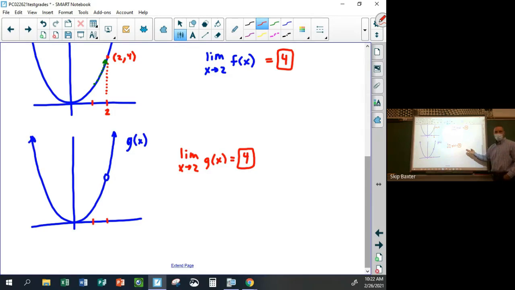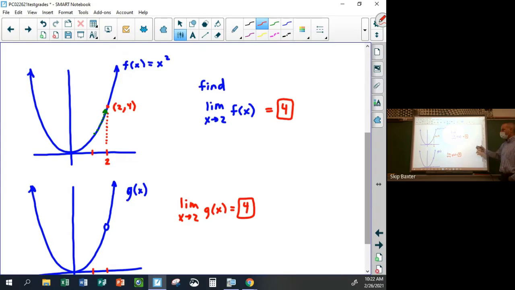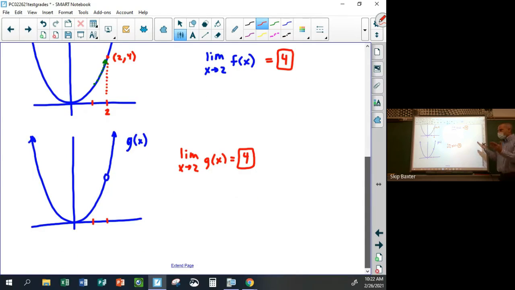Still true. But it's not true that g of 2 equals 4, right? I can't say that because this function is undefined at x equals 2. There's a hole in the function, right? So that's the reason why we have limits, so that we can talk about these two functions both as having a limit of 4 as x goes to 2.